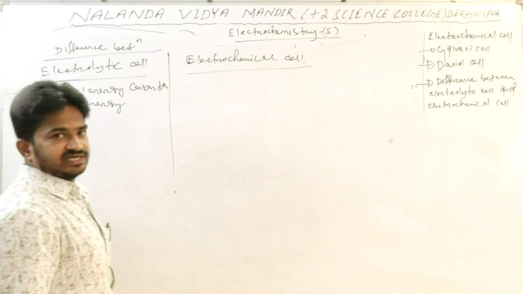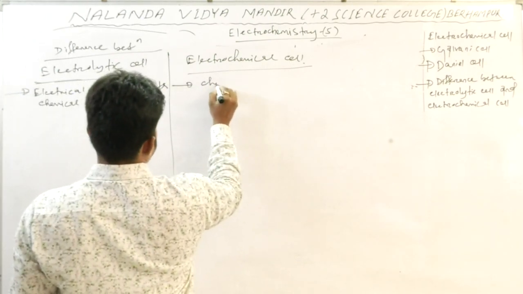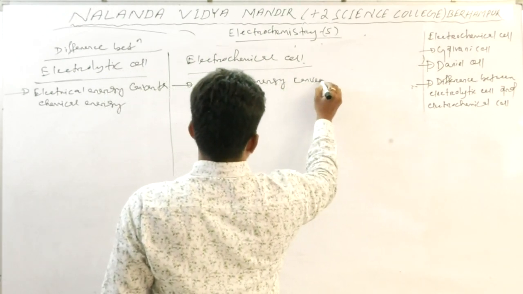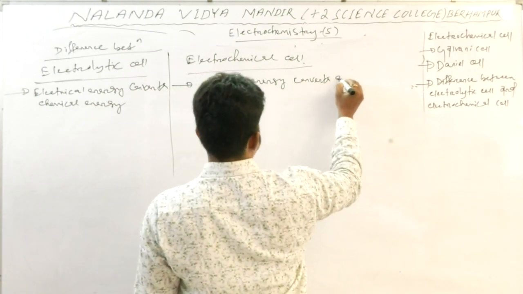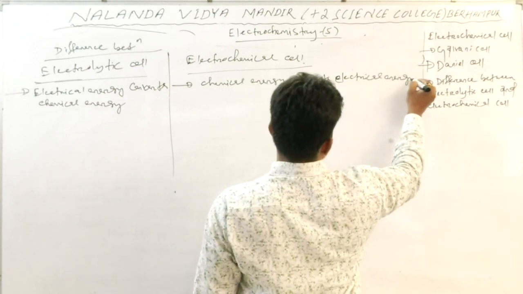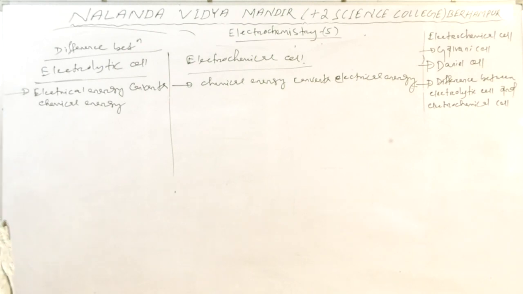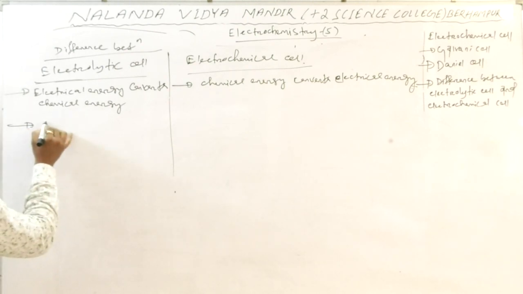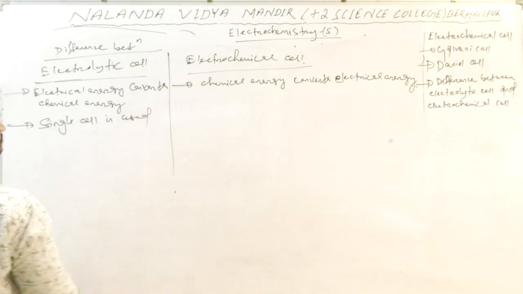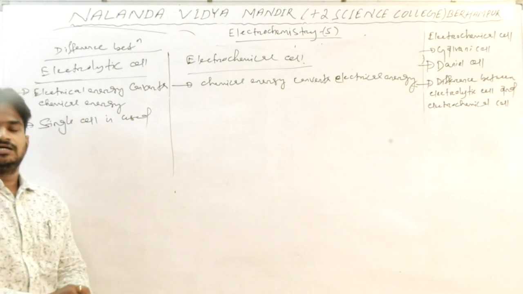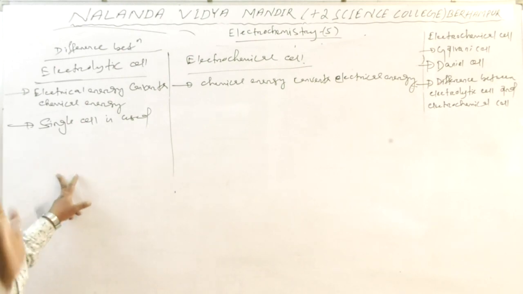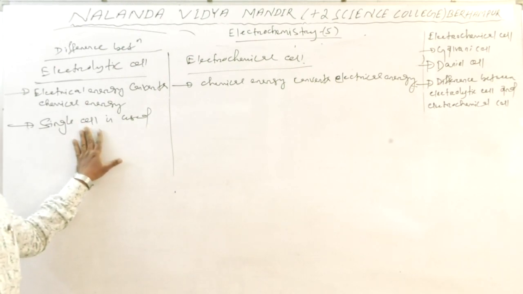But in the case of an electrochemical cell, chemical energy converts to electrical energy. Next point, a single cell is used. For example, a copper sulfate solution, with a copper electrode dipped inside the copper sulfate solution. Here it is a single half cell.